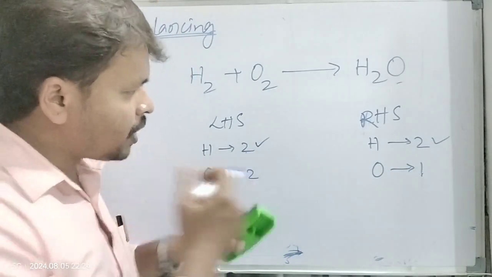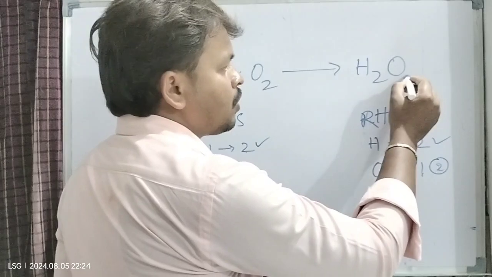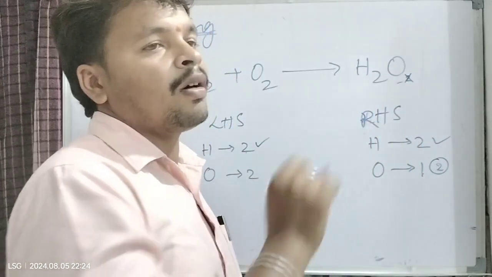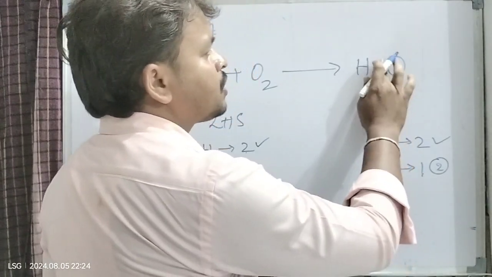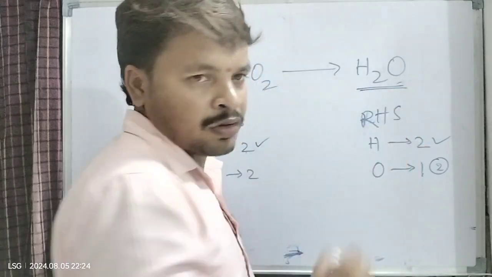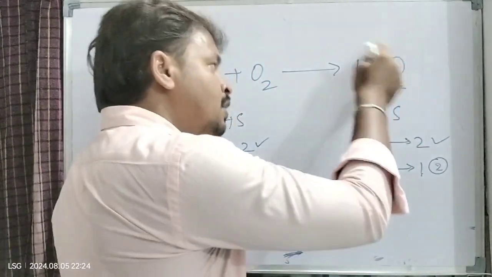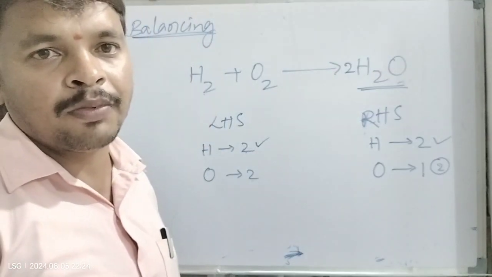Here already 1 is there, it should be made 2. Then where to write this 2? Here you are not supposed to write. Then left of the element or the compound, I said. Then can it be written here? Wrong. You are not supposed to write in between the elements when they are in the compound. You are not supposed to write here. Then left of the compound, in such cases you have to write to the left of the compound.